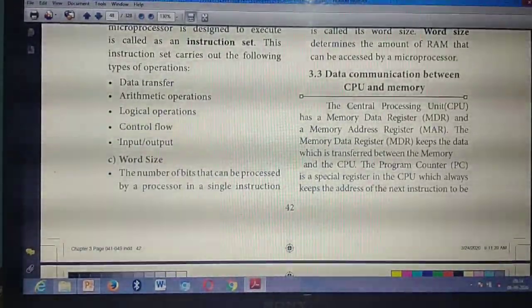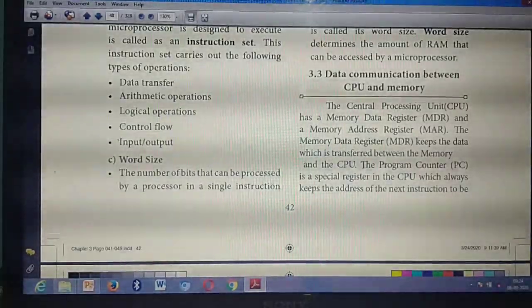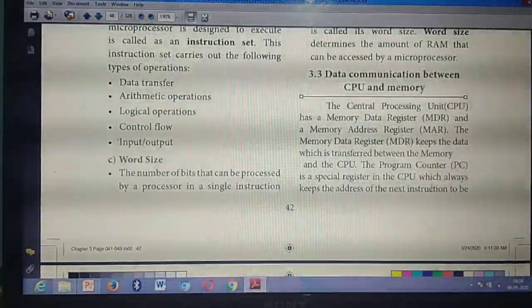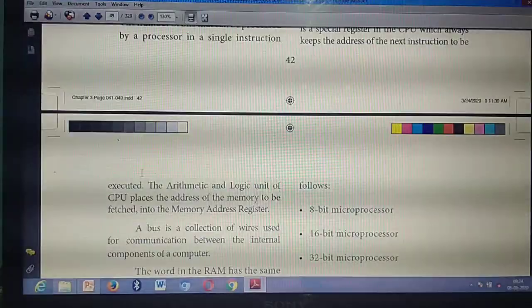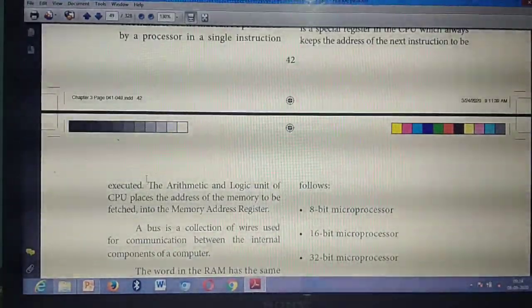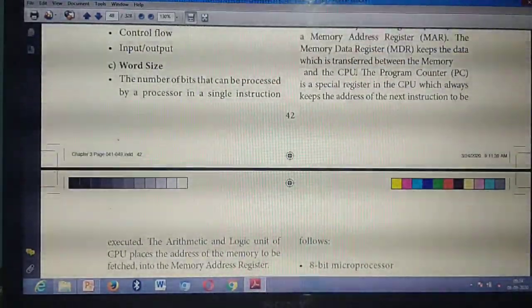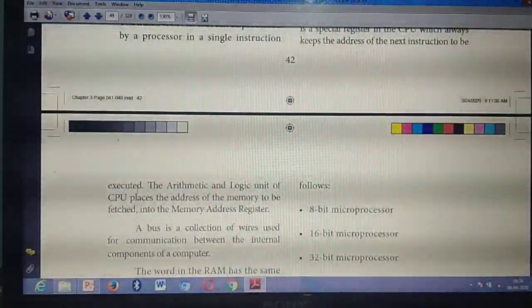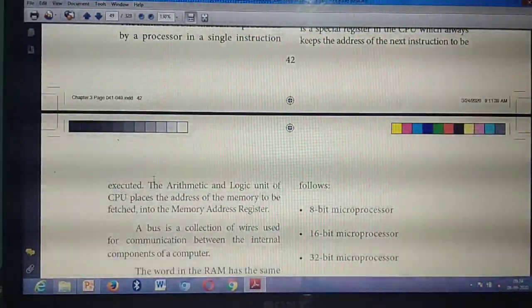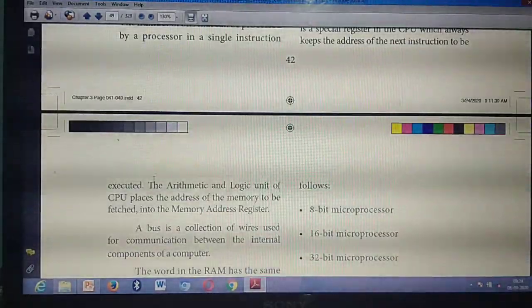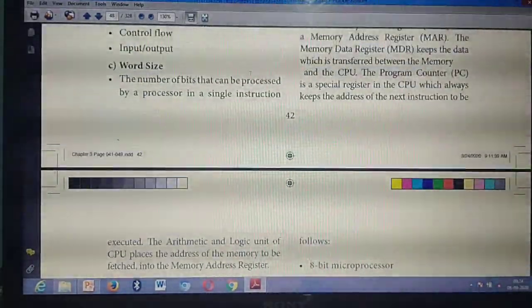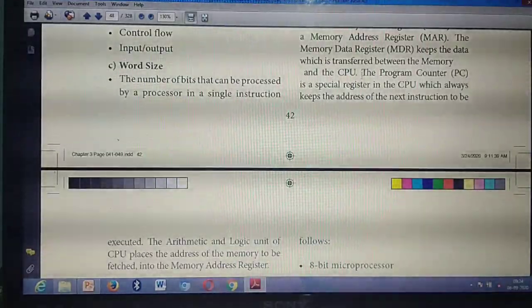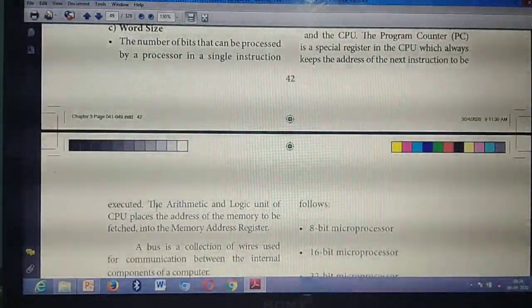The program counter is a special register in CPU, from here to the next page, up to executed. Page number 42 to 43, up to executed. Have you all marked?